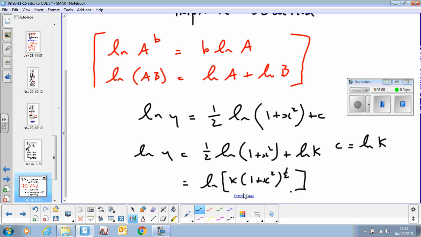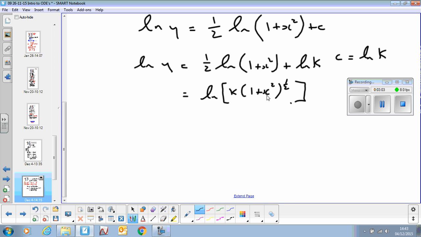So I get that. Look at how the laws of logarithms allow us to do this.